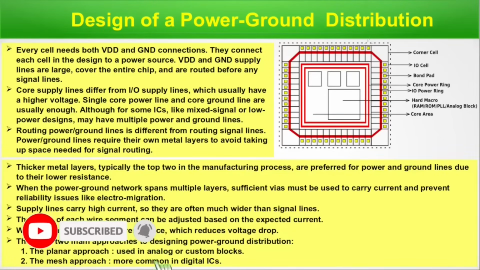So design of a power ground distribution. Every cell needs both VDD and ground connection. They connect each cell in the design to a power source. VDD and ground supply lines are large, cover the entire chip and are routed before any signal lines. Core supply lines differ from I/O supply lines, which usually have higher voltage. A single core power line and core ground line are usually enough, although for some ICs like mixed signal or low power design, we may have multiple power and ground lines.